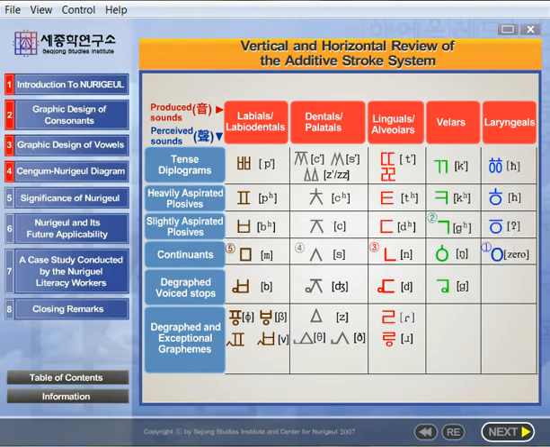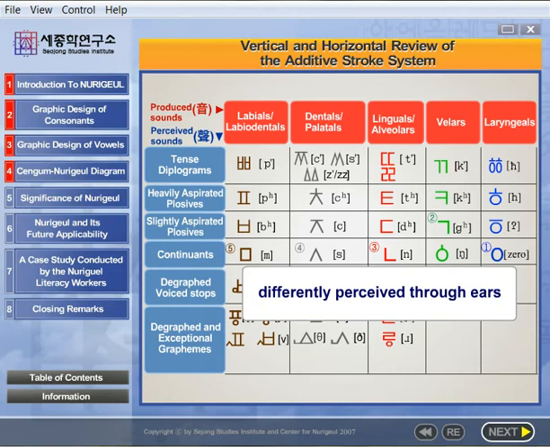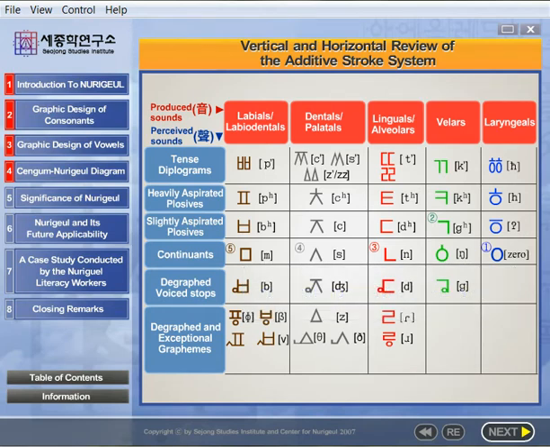The 5 categories of produced sounds are, from right to left, laryngeals, velars, lingual alveolars, dental palatals, and labials labiodentals. The rows in the chart are sounds differently perceived through ears. There are 7 categories of distinctively perceived sounds: tense diplograms, heavily aspirated plosives, slightly aspirated plosives, continuance, degraphed voiced stops, degraphed letters.